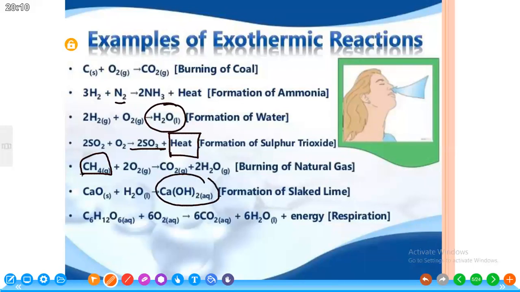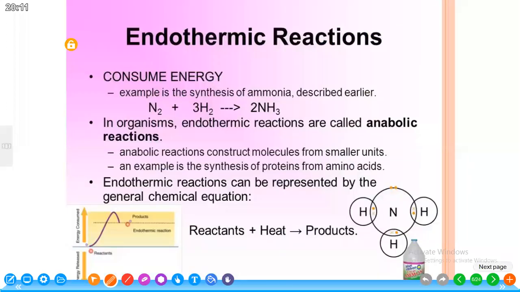That is also an exothermic reaction because it liberates heat into the environment. The last one is the respiration reaction. Glucose reacts with oxygen and forms carbon dioxide and water, and heat is lost to the environment. This is also an exothermic reaction.